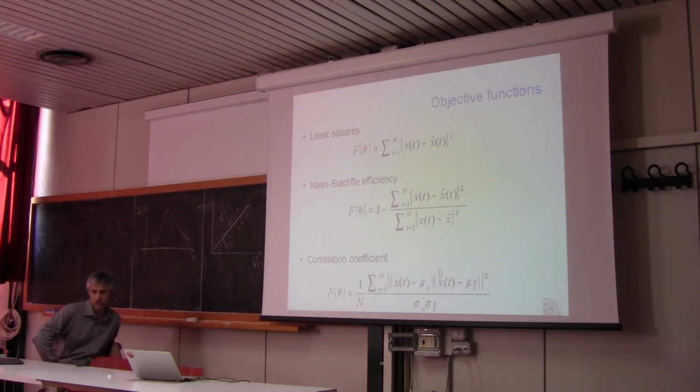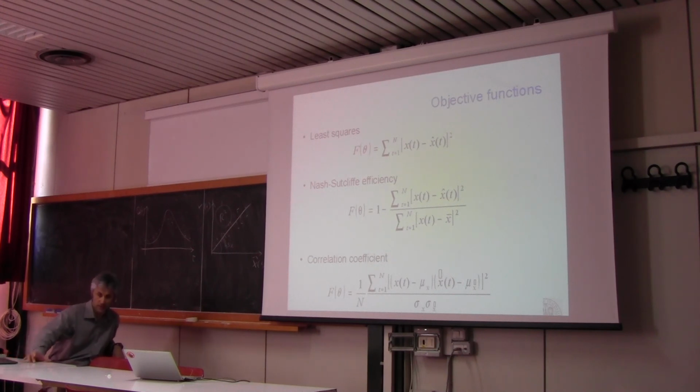But keep in mind that if you want to use the model for technical purposes, meaning you really want an estimate of future values or simulated values, you need an efficiency of at least 0.85, which is not easy to get. Really, it's not easy to get. And I'm talking of performances for rainfall runoff models at daily or hourly time scale.